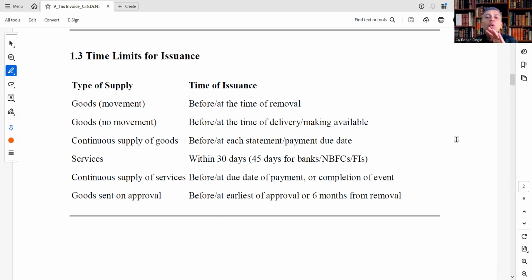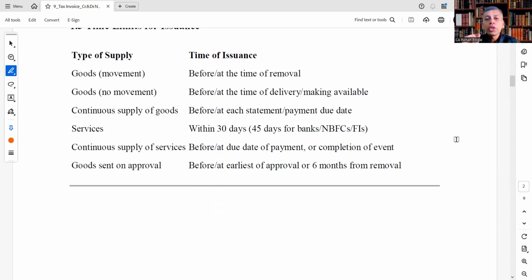If goods involve no movement, then before or at the time of delivery or making available the goods.